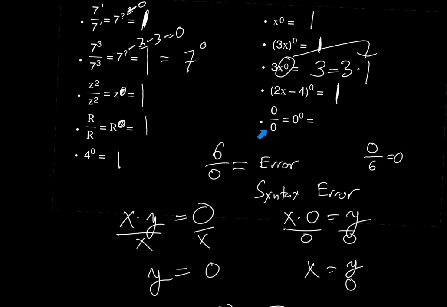Back to this. I'm not going to answer it right now, but thinking through what we did up here, theoretically, what should 0 to the 0 power be? But then also over here, 0 divided by anything is 0, like we had here. Anything divided by 0 is undefined. What if I'm doing both?